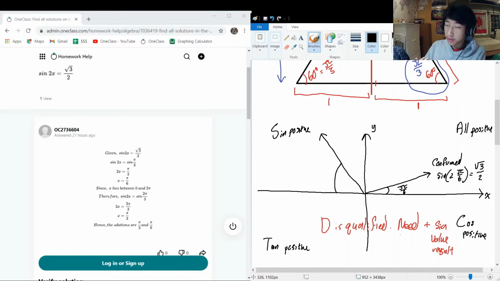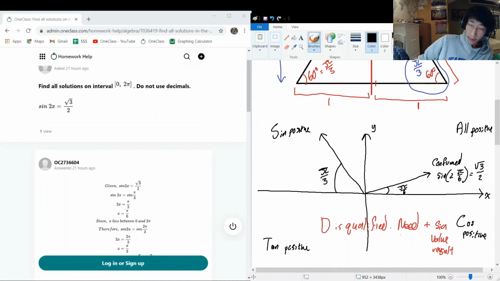This is what's going to lead us to root 3 over 2, because this corresponds to pi over 3. And because we want pi over 3 ultimately on the inside of the sine, keep in mind the multiplication by 2 inside of the sine complicates things a little bit. So if this is what we want, this angle here has got to be 2 pi over 3.